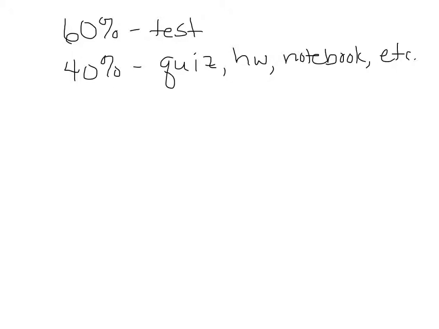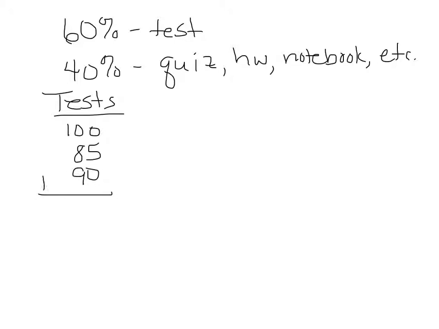So if you were wanting to find your academic average, you would add up all of your test grades. Let's say that your tests are 100, an 85, and a 90. If I add all of those up together, that's 275, and then I would take 60% of that.